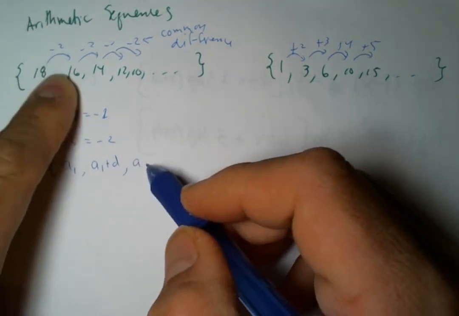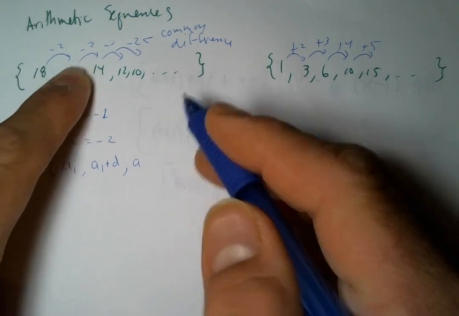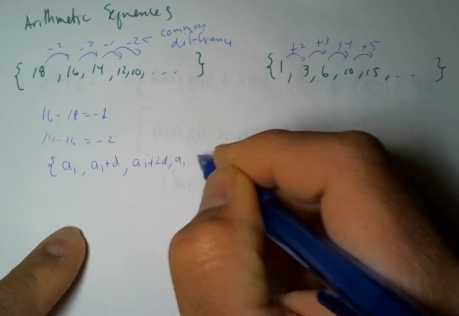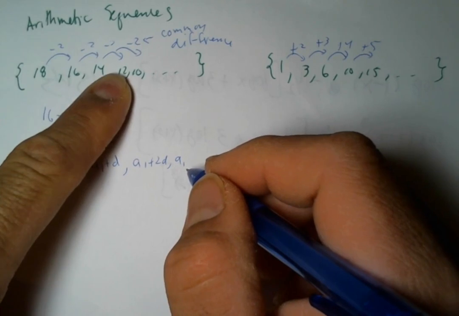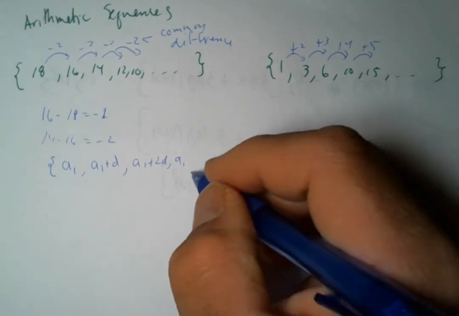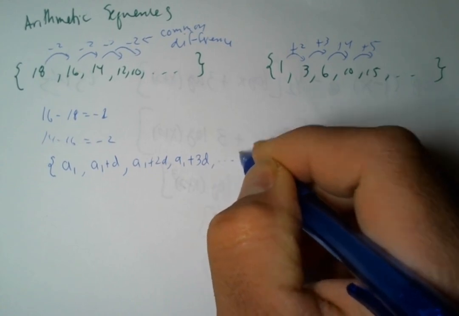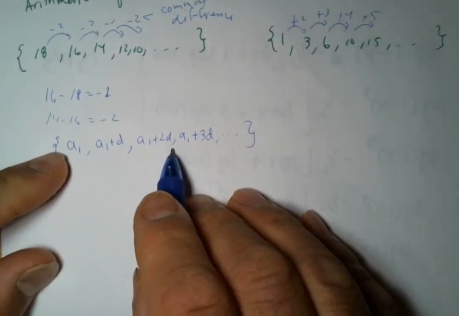For the third term, you're adding two common differences. And for the fourth term, you're adding three common differences, which in this case is a negative value, etc. So you can think of this as a way to find our nth term.